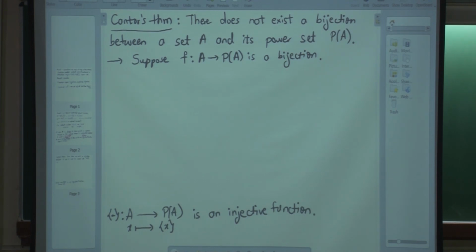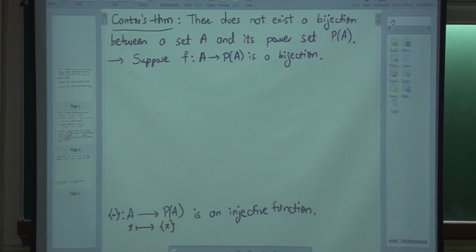We are going to consider, so this definition is the most important thing. Let B be the set of all those a in A such that a is not in F of a.